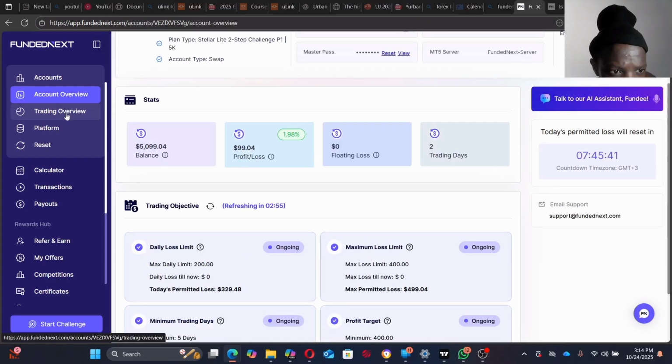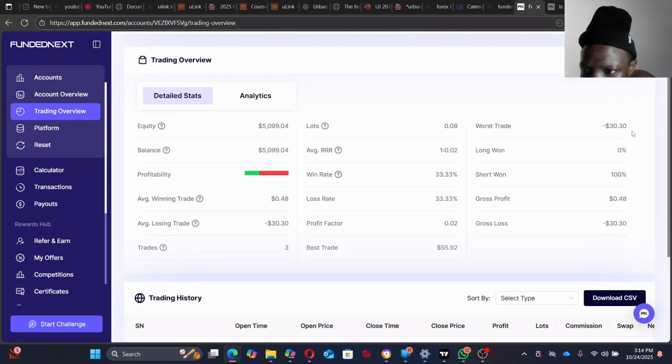Yesterday we took this trade, which got us down by 0.10%.